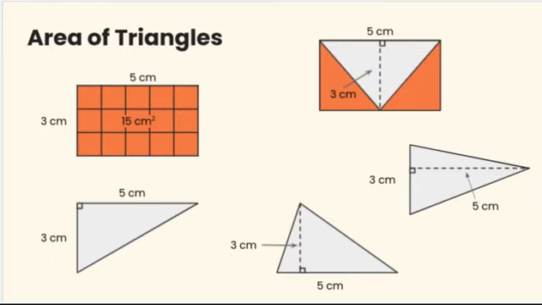Well, our original rectangle is 15 centimeters squared. These triangles have an area that is 1/2. So 1/2 of 15 centimeters squared will give us our area. 1/2 of 15 is 7 and 5/10 centimeters squared, or 7.5. That's the area of each of these triangles.